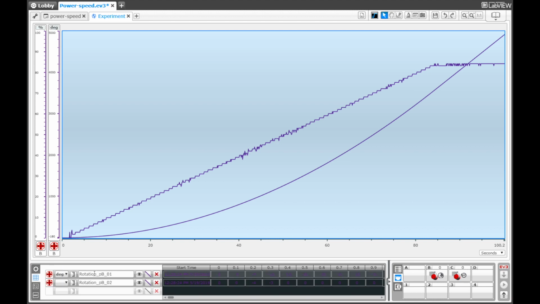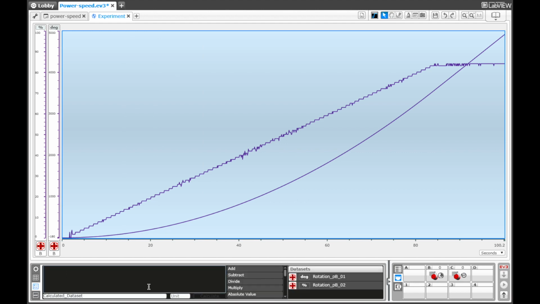We are more interested in the derivative of this curve, because if in any little time gap we see what the change was in degrees, that means that we get the speed, and there is a really nice formula for that.